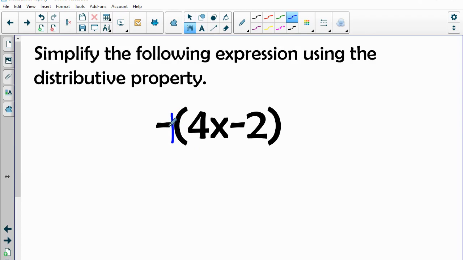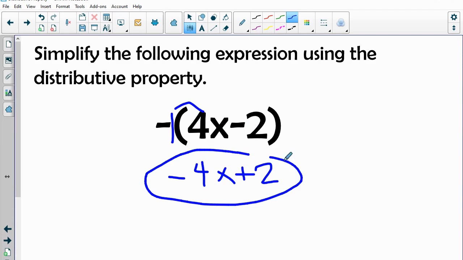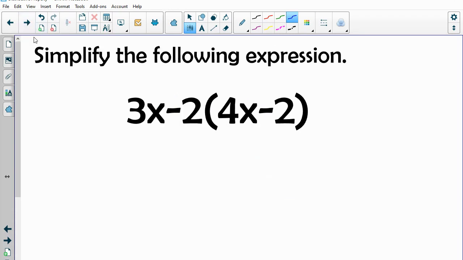So then you multiply that -1 times 4 like that, and you end up with -4x. And -1 times -2, negative times a negative is a positive, so you end up with -4x plus 2. That's how you would treat a distributive question when you just have a negative sign out front like that.